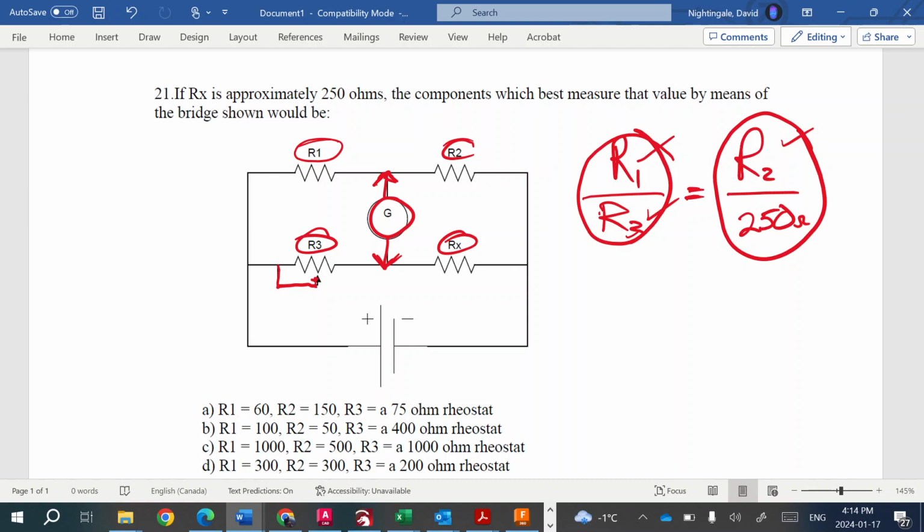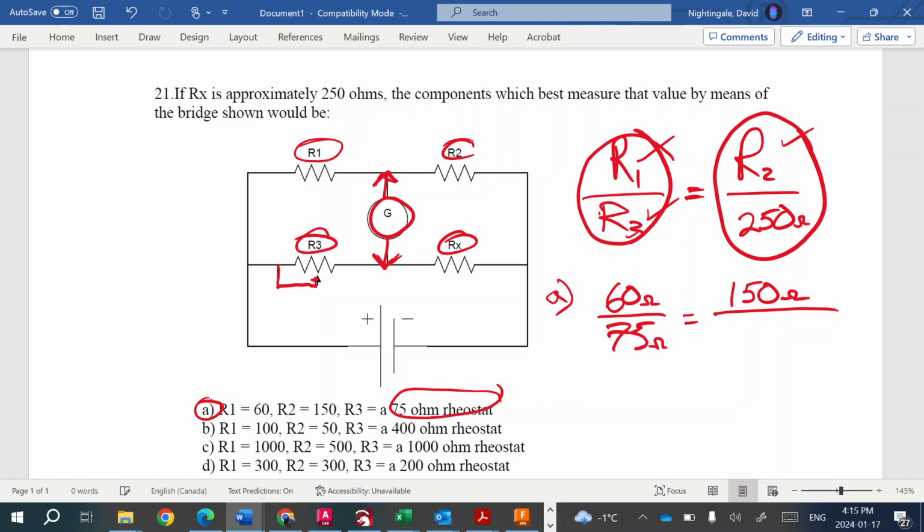Hopefully, as I do this here, it's going to make more sense. But let's go through A here. So A, if I plug in the values, I got 60 ohms is equal to R1, R2 is 150. Our maximum resistance of a rheostat here is 75.